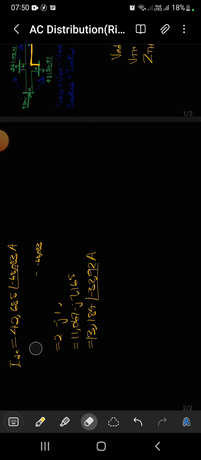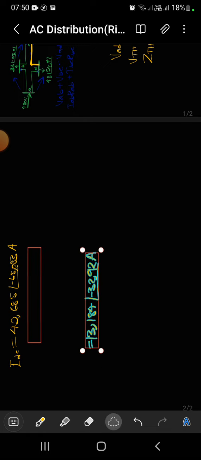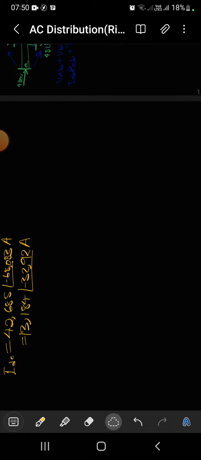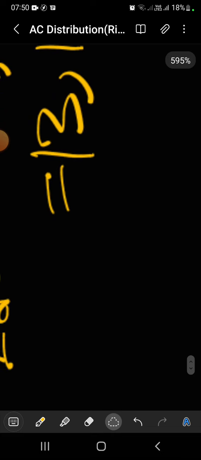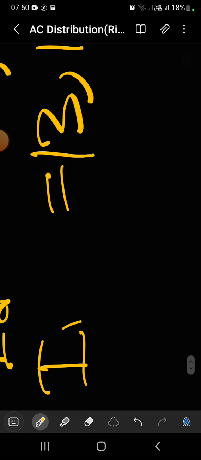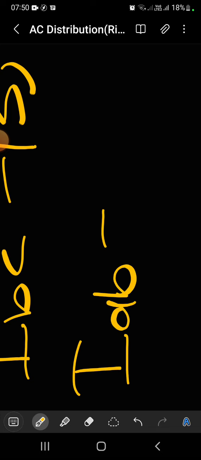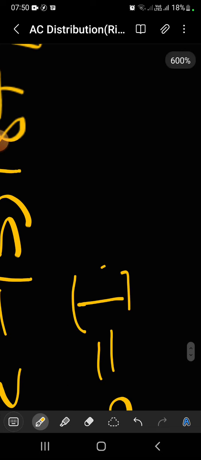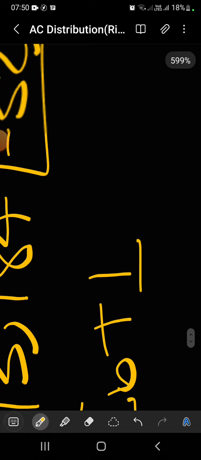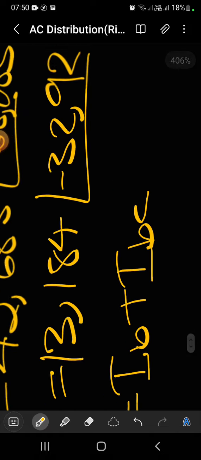Just want to keep final values. Put it there. Now you have this as IBC. Cool. Now our IAB is equal to IB plus IBC, which I saw why, right?